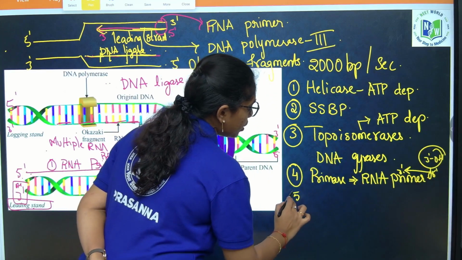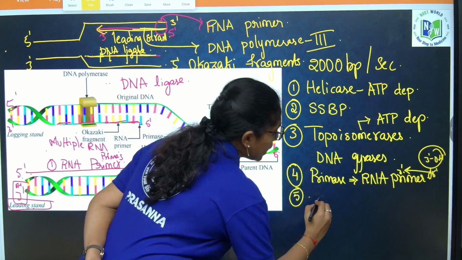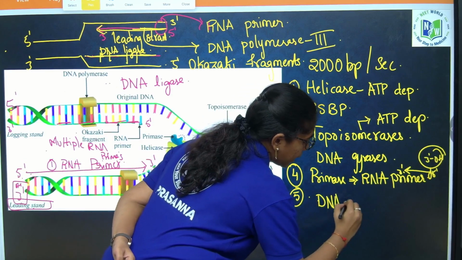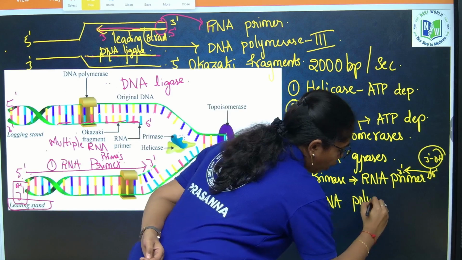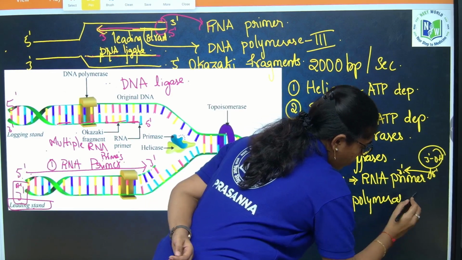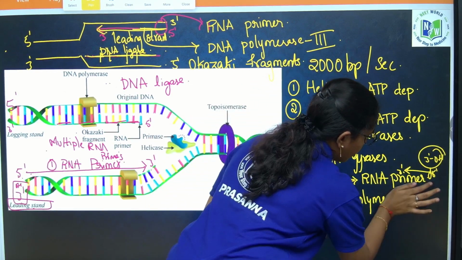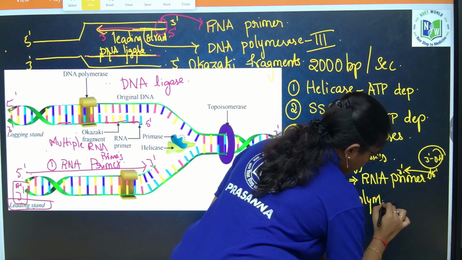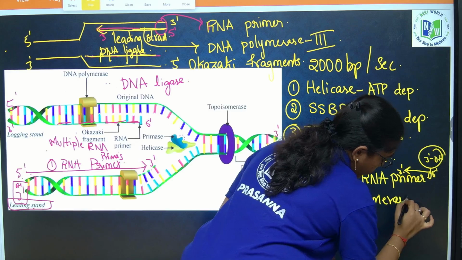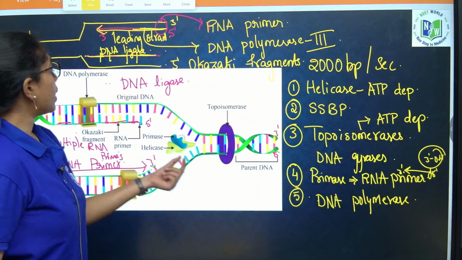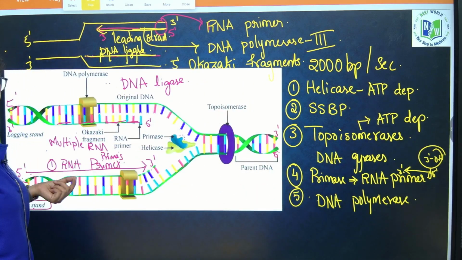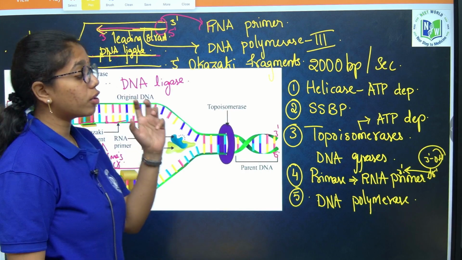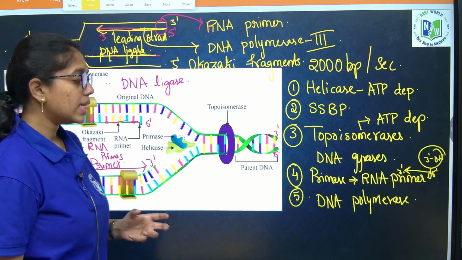Next, the fifth enzyme is DNA polymerase. What is that? DNA polymerase, wherein DNA polymerase will synthesize the DNA strand most effectively, like 2000 base pairs per second.